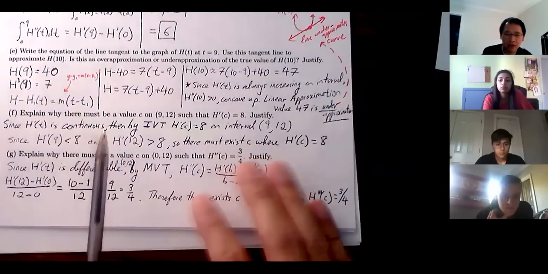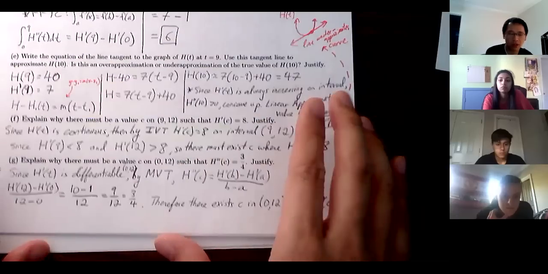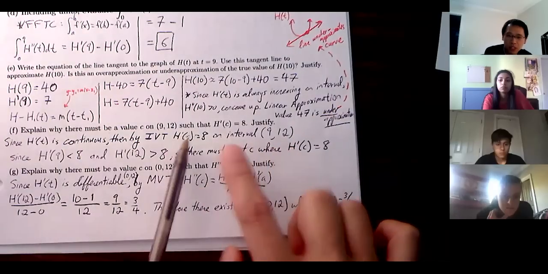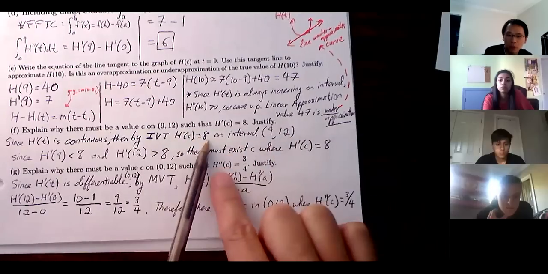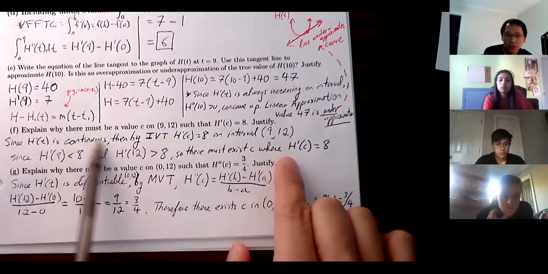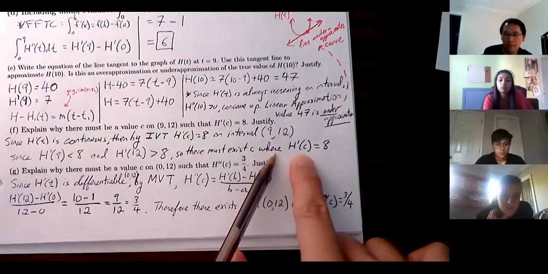So we have a different theorem for that. This is not calculus, but this kind of falls under one of the first theorems that we learned: if we're trying to guarantee a specific point and we know other points on the graph, and we can show that one point is below the target and the other is above the target, and we know it's continuous, it has to cross through at least one spot. Okay.